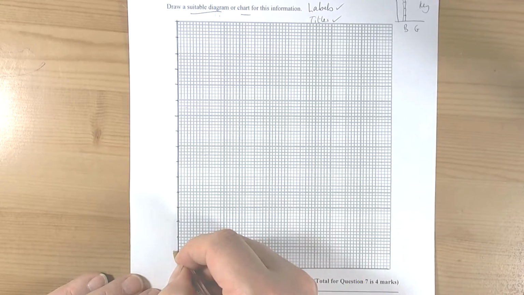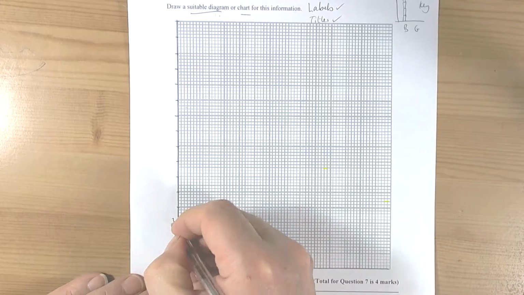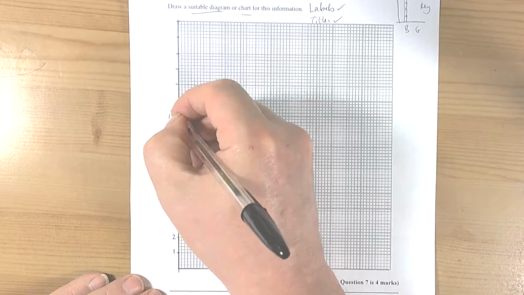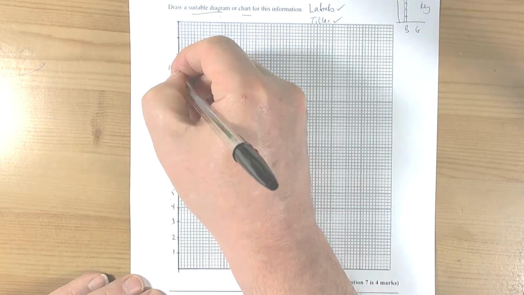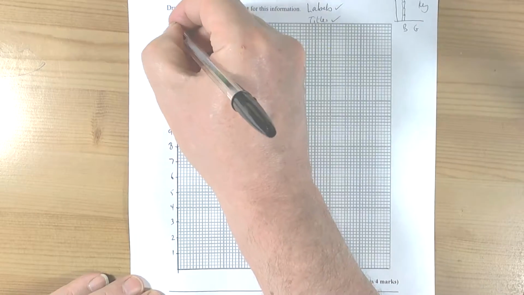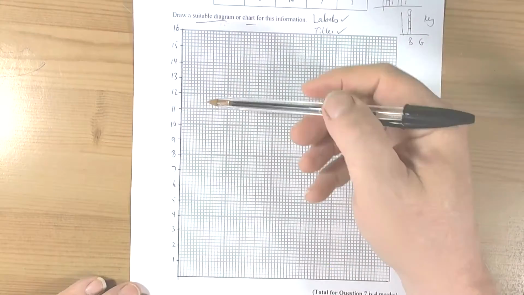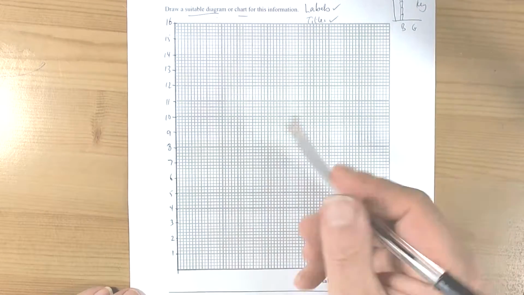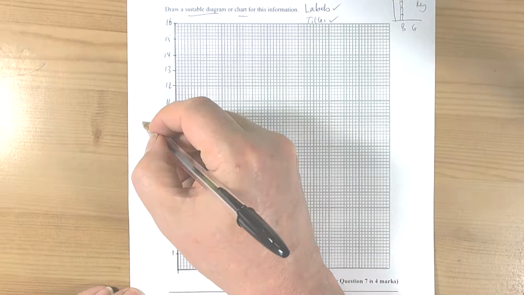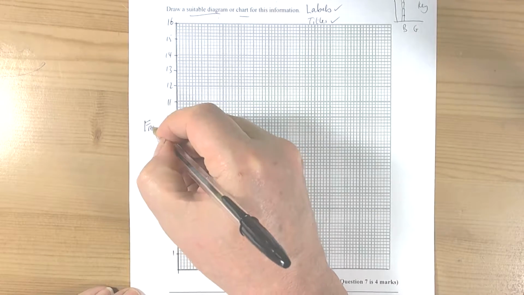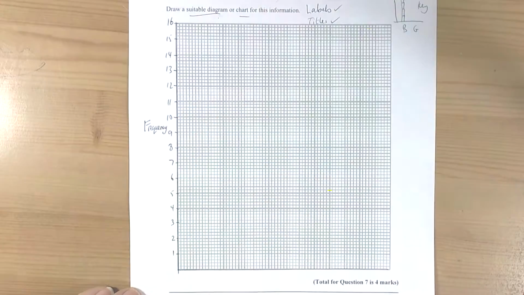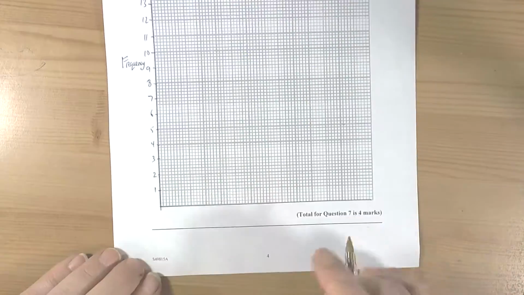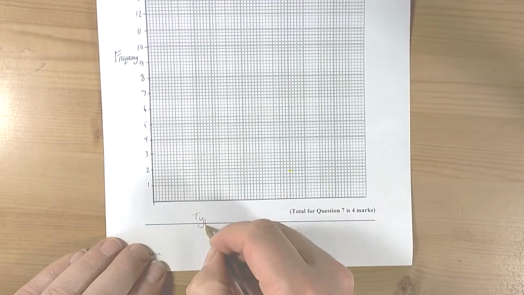So we're going up in ones, so 1, 2, 3, 4, 5, 6, 7, 8, 9, 10, 11, 12, 13, 14, 15, 16. So that gives us scope for doing all the numbers because the highest number was boys football at 15. And we must label this, so this is a total, so totals are known as frequencies. So we'll have frequency going up there, and along the bottom here we're going to have type of sport.